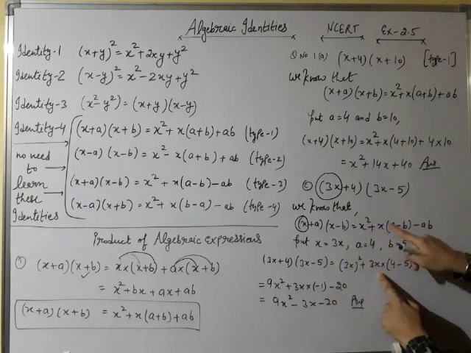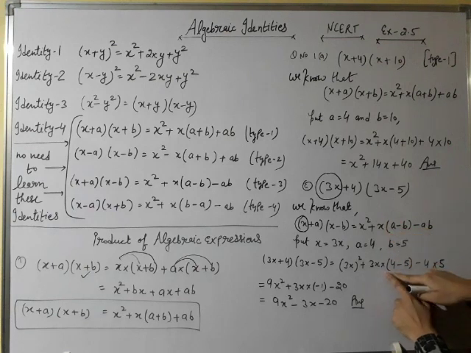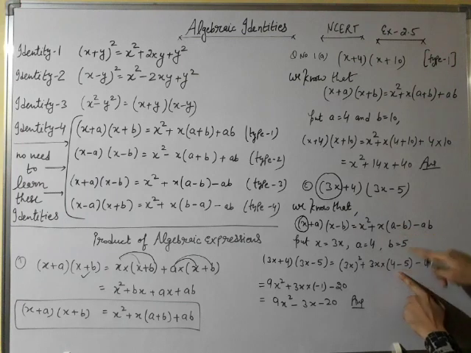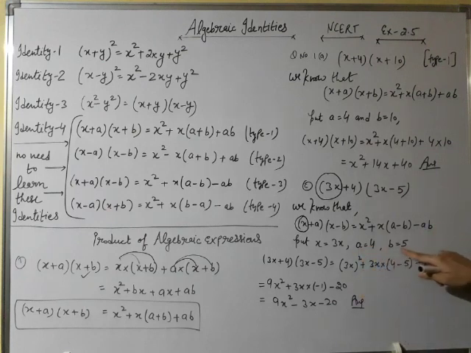We have written 3x here. Bracket open, a is equal to 4. We have written 4. Minus is minus, b is equal to 5, and then bracket closed, minus a is equal to 4. So we have replaced a by 4 here, and b is equal to 5. So we have replaced b by 5.